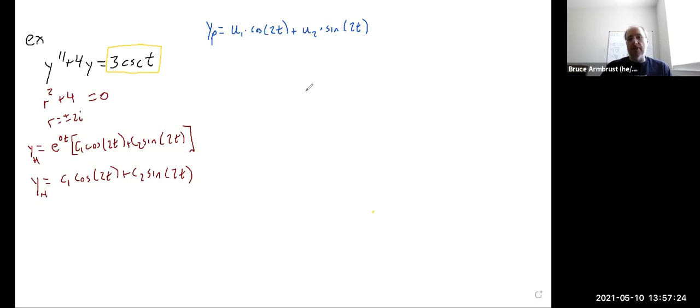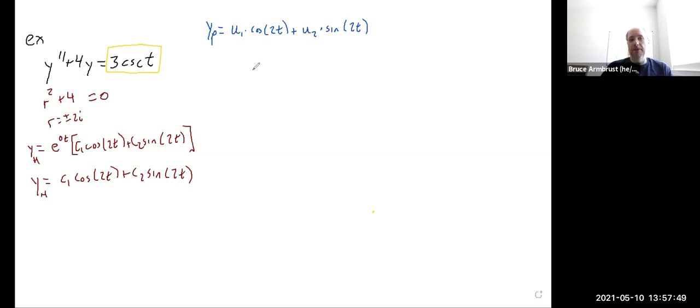So this is very much like reduction of order. Remember when we did reduction of order, you had to have a solution to the homogeneous. Well, in this case, we actually have both solutions, or 2 functions that form the entire fundamental set. So I'm going to be looking for functions of this form.